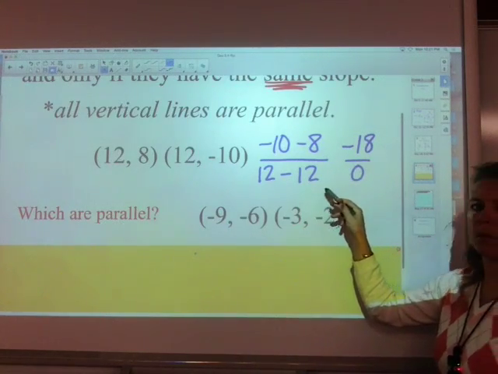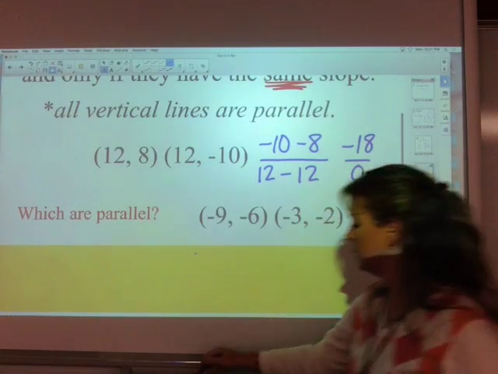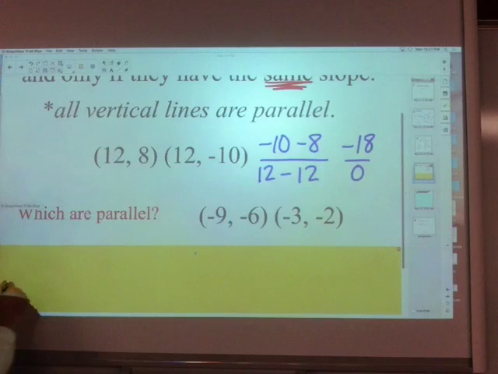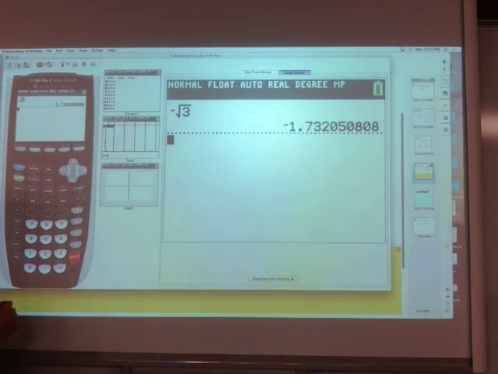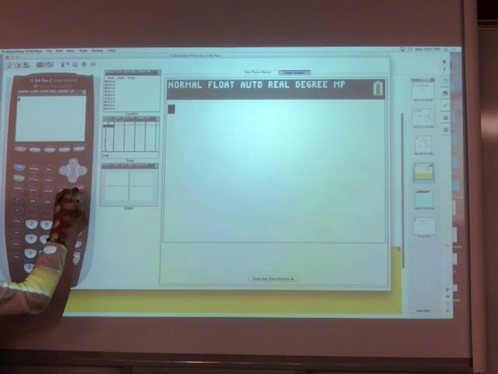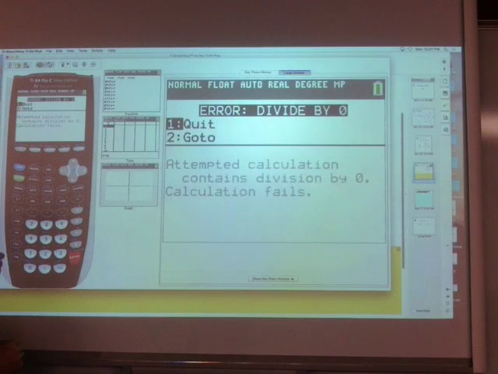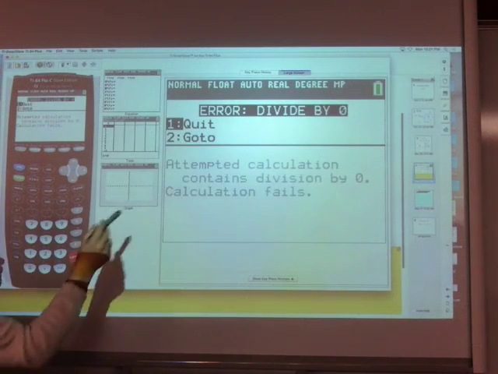When you find the slope and you divide by 0, try it. Your calculator will tell you that it doesn't exist. It'll tell you you have an error. It might even explode in your hand if you try to do that. Probably not. But negative 18 divided by 0, I get an error, divide by 0. Calculation fails.